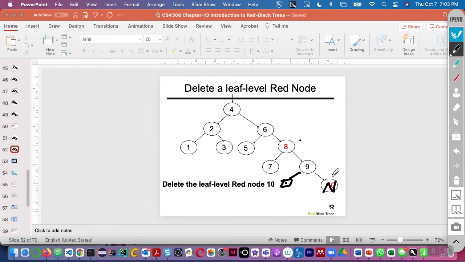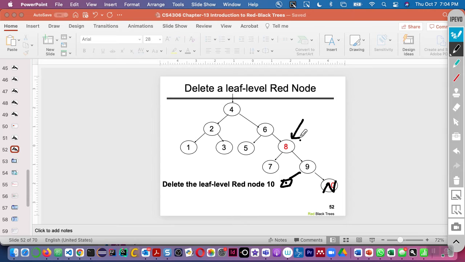But if this red node is not the leaf level node, then the second step is more complex. For instance, we want to delete 8. How do we delete 8? Remember one thing here: we are performing two tasks simultaneously.